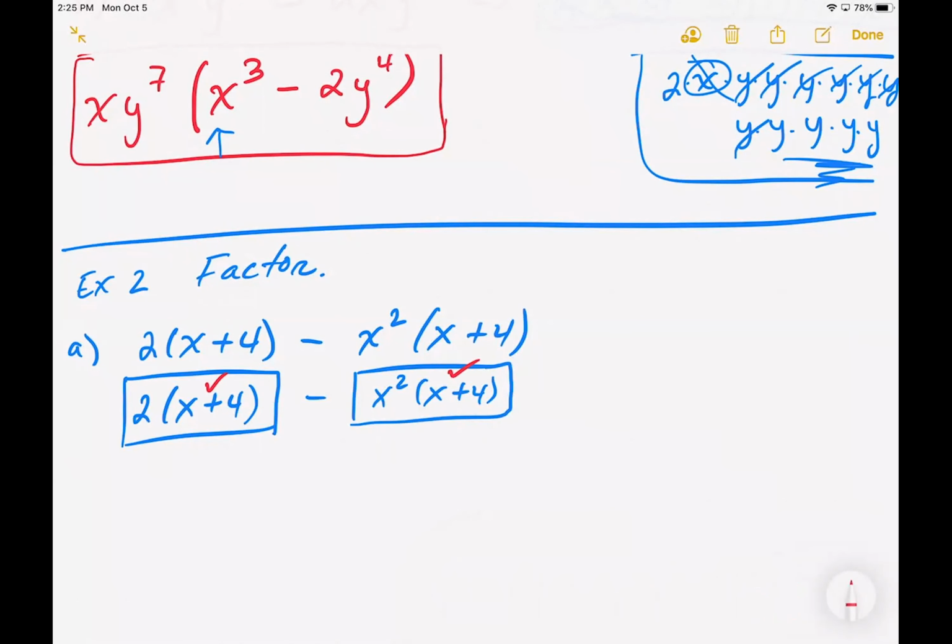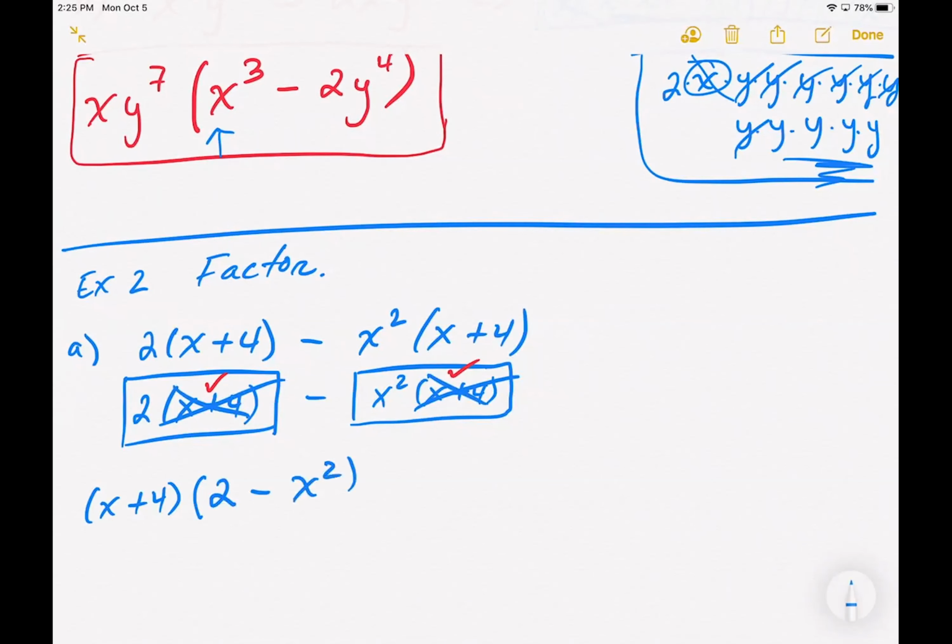And if I have it exactly the same, all I need to do is take it out because it is common. And whatever is left over, I just put in another parenthesis. So what is in the other parenthesis? Do you agree that if I took x plus 4 out of the second item, I still have an x squared?